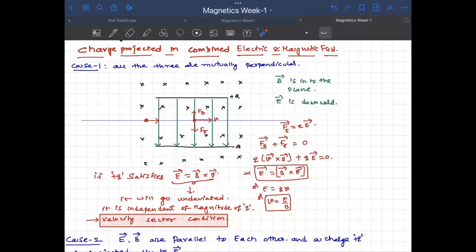Now, here in this case, I have a combined magnetic and electric field. Different combinations in numericals I will cover anyway. Fundamental cases, I will cover right now. Now you see crossed lines like this. They represent a uniform inward magnetic field.